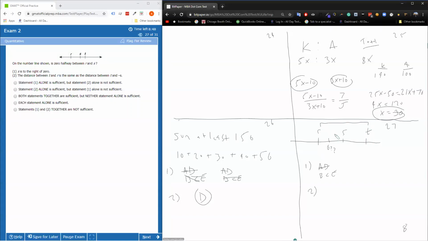So either negative S is here, but if S is negative, it can also be over here.